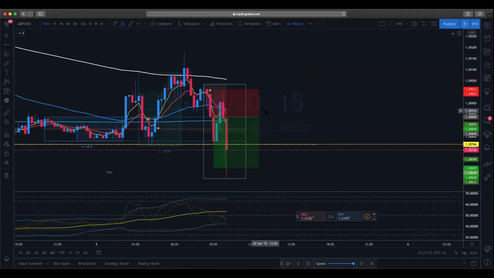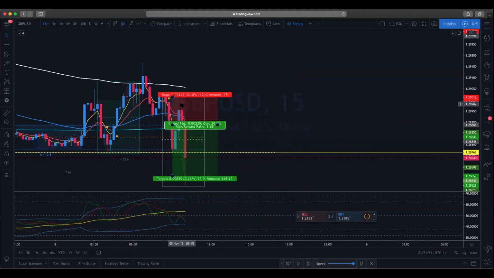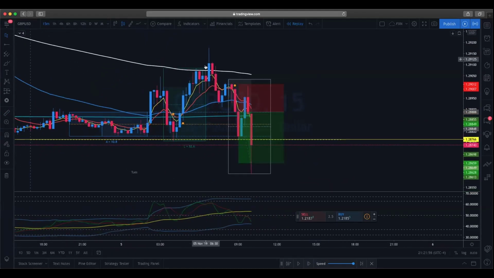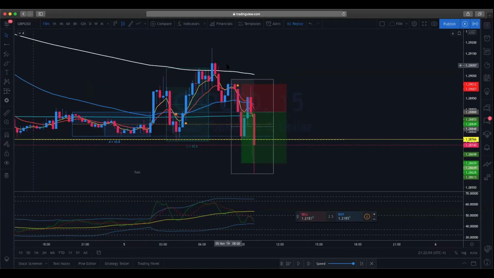So even if you were to be taken out by this candle here, did they take out the high is a question you've got to ask yourself. Was the high taken out? No, right? So if the high is not taken out, you're still good.